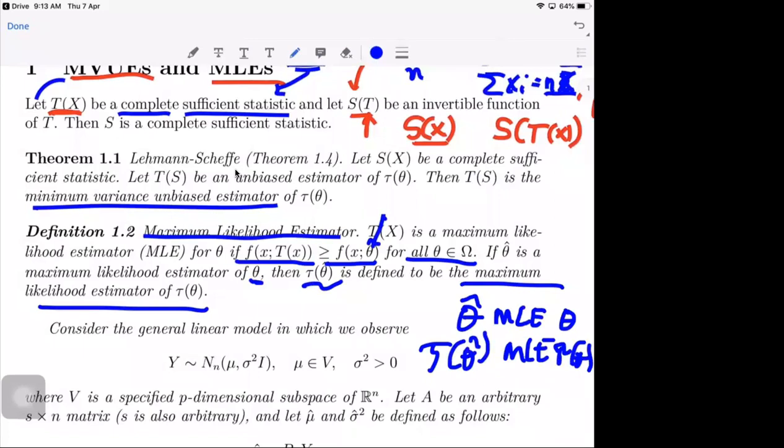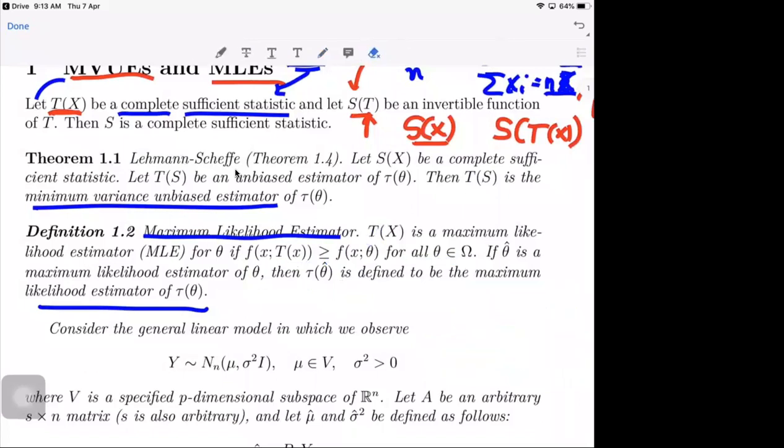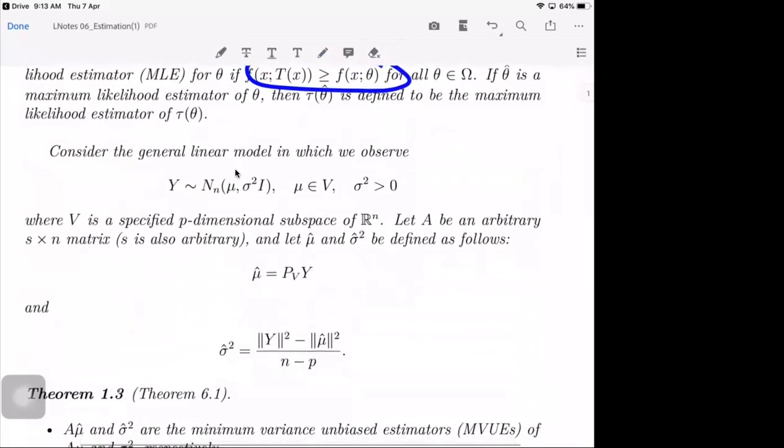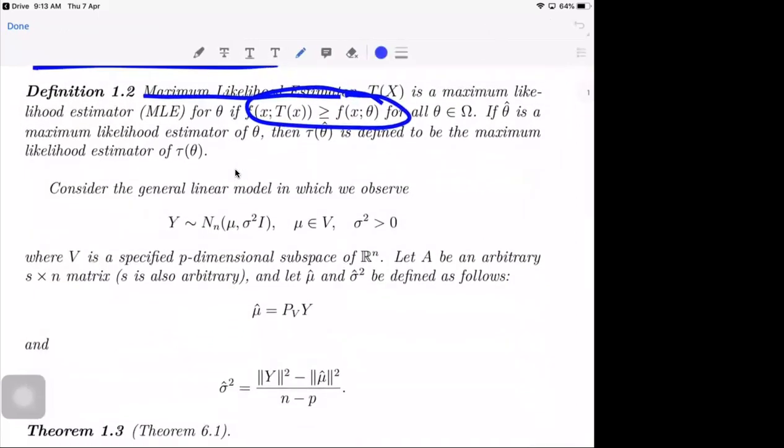Okay? So the maximum likelihood estimator bases its conditions on the probability density function. When we solve for the MLE, we look at the probability density function of the distribution of X. So in general, let us consider the linear model in which Y is normally distributed with mean mu and variance sigma squared I, where mu is in V and sigma squared is positive, and V is a specified p-dimensional subspace of R^n.